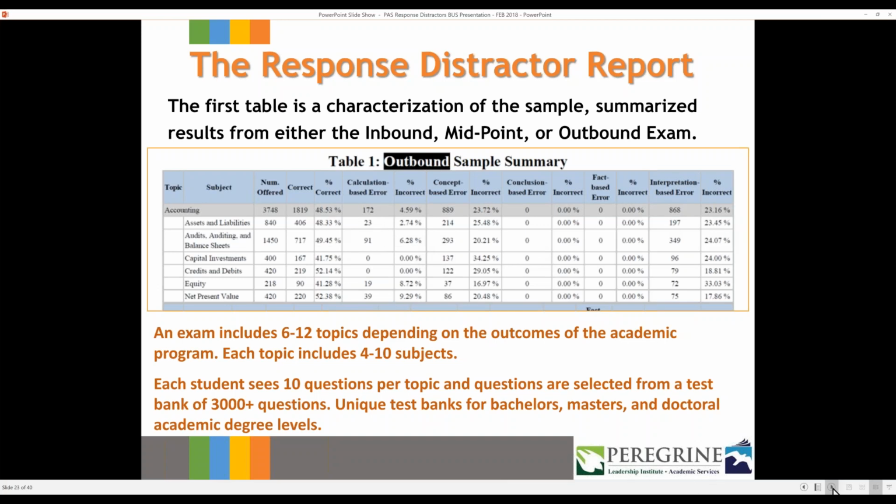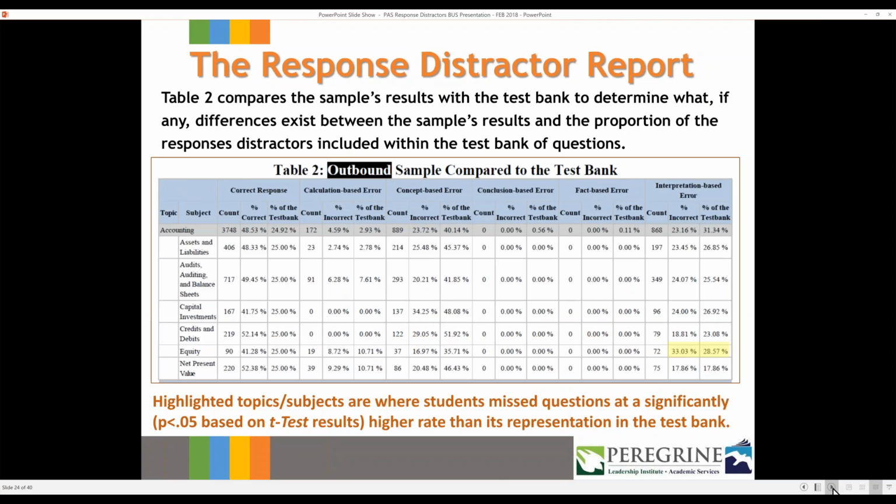The next set of tables compares your students' results against the test bank. The question is, are your students answering questions at a higher percentage rate due to one of the response distractors as compared to the test bank?